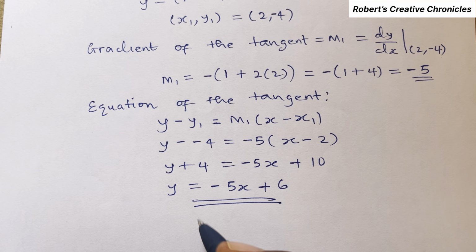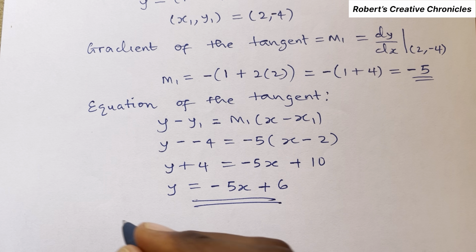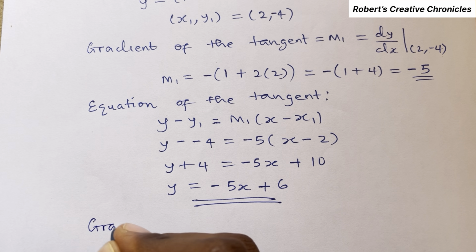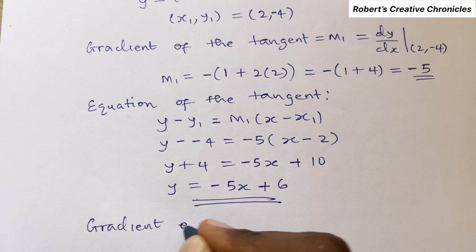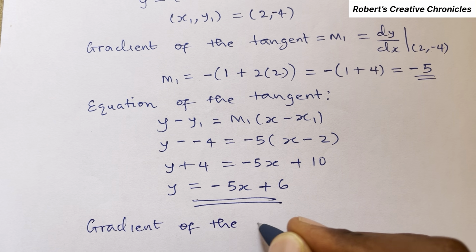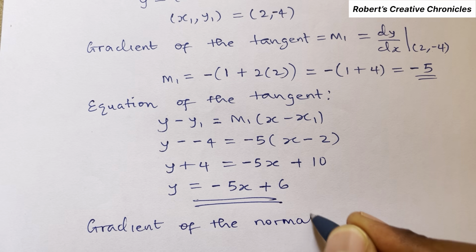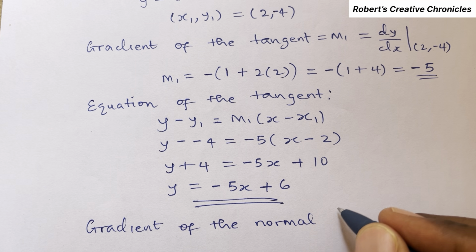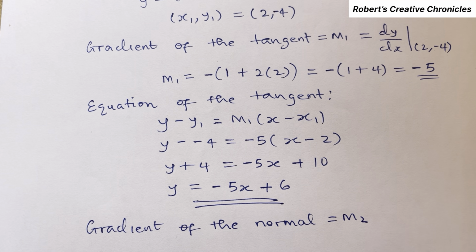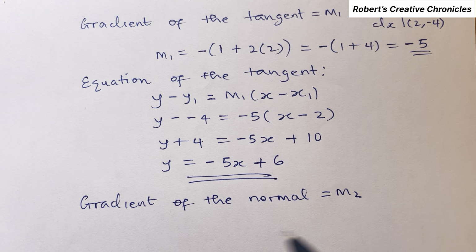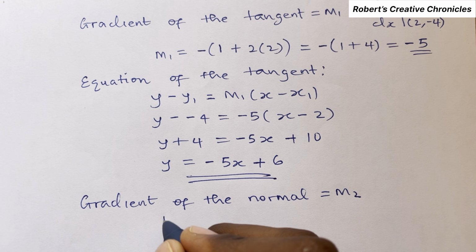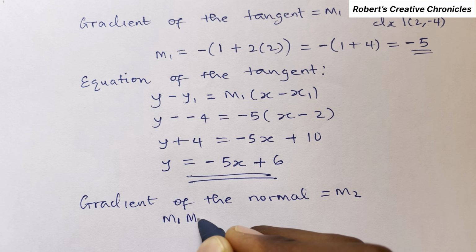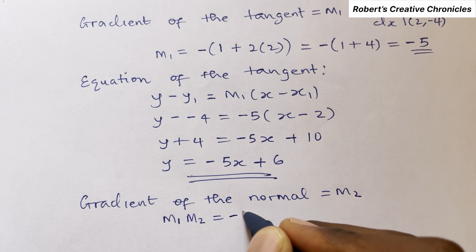Now let's find the gradient of the normal. So gradient of the normal is given by m2. Now there's a relation that connects m1 and m2. So here it is, m1 m2 is equal to minus 1.